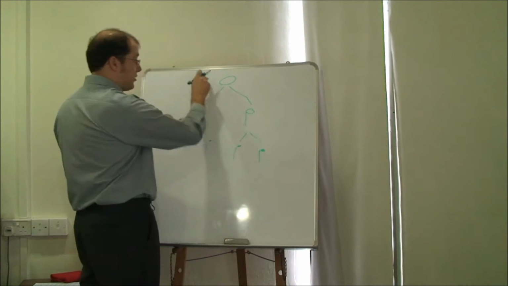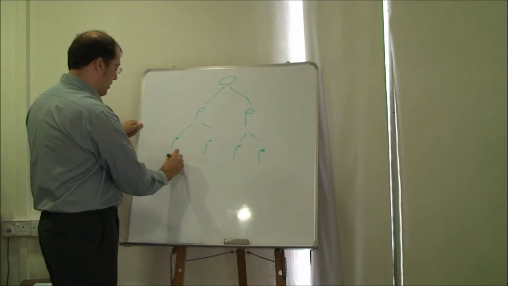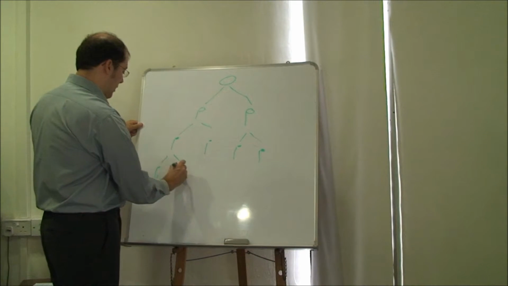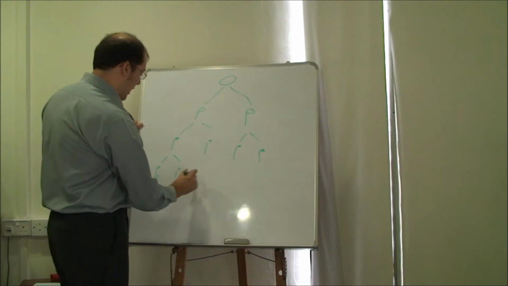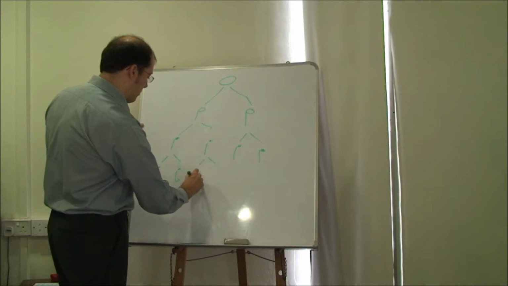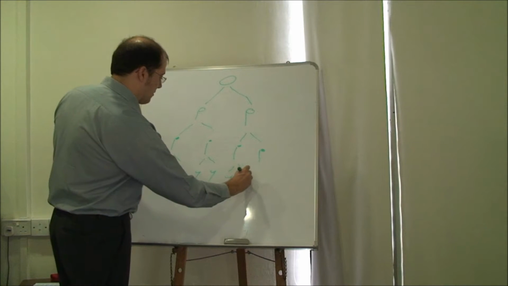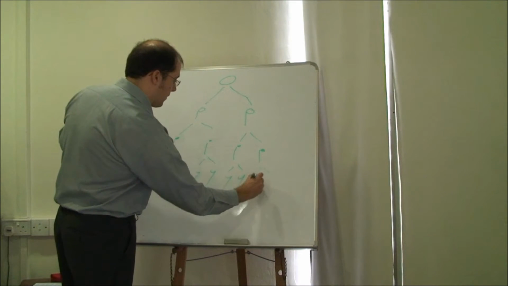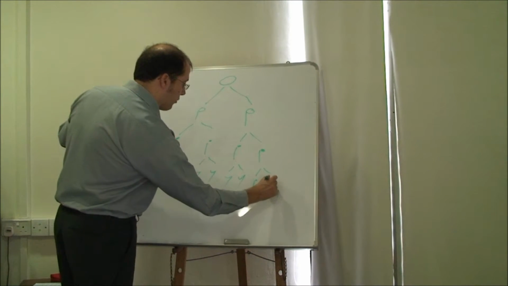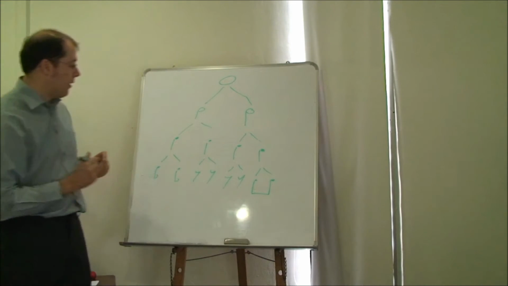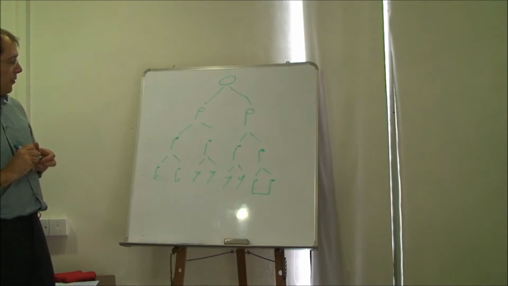So 4 crotchets equals 1 minim, and we can split that up into quavers. And as I mentioned, we can also do the same with the rests, or we could write quavers that way. So that's the basic principle.